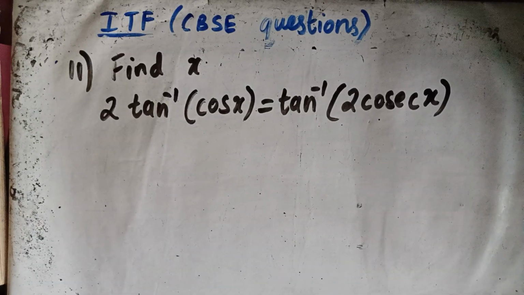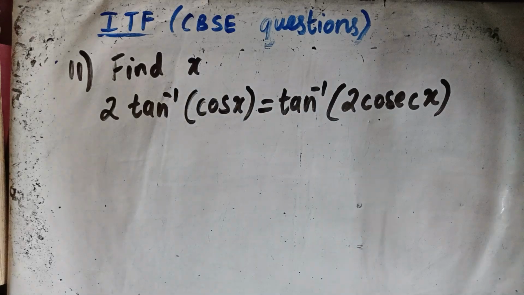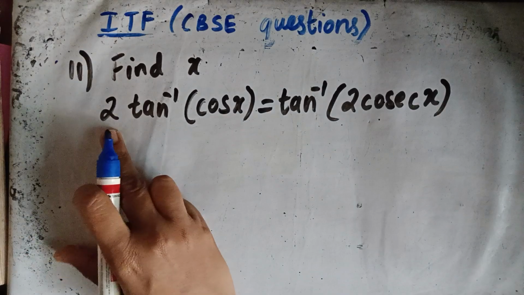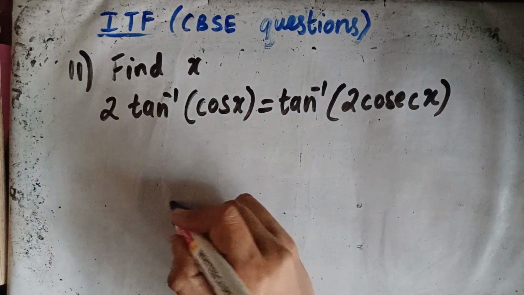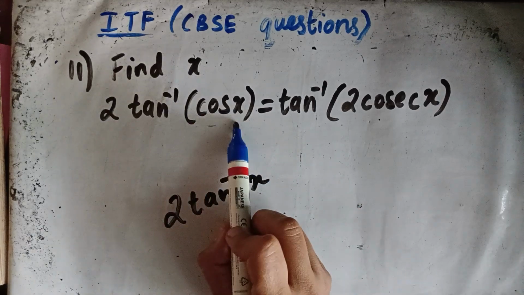So find the value of x. You have to simplify this. This is tan inverse, this is also tan inverse, right? So can we make it both tan inverse, because here 2 is there. So we can write this as 2 tan inverse of some x, and our x is cos of x.